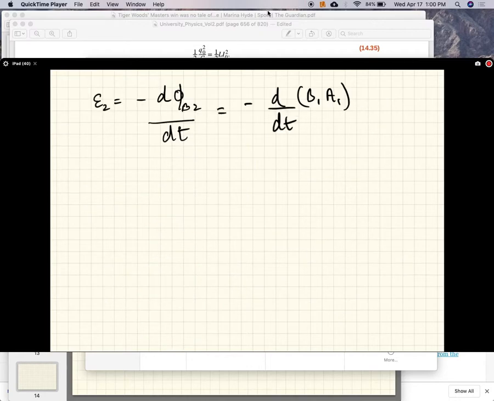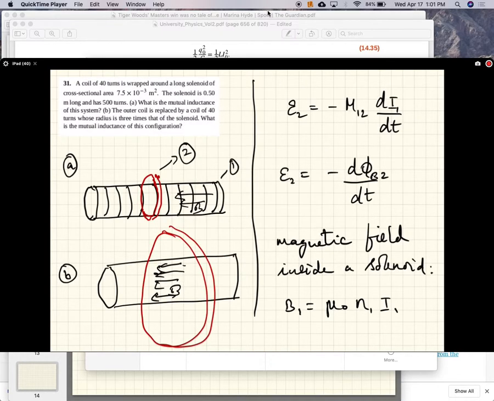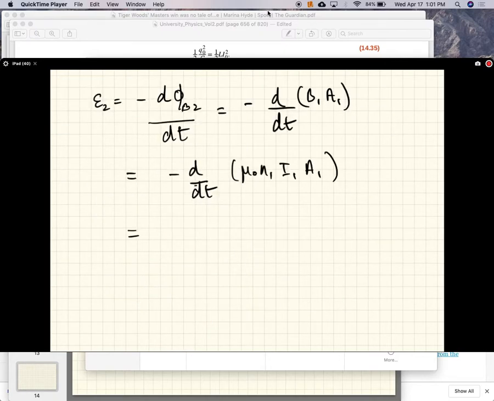All right, so let's go back to this, and this is equal to minus d by dt of mu naught N1 I1 A1. Now in this, we are not going to change N1 or A1. The only thing that will change is I1. Only when the current in this coil changes will the flux through this change.